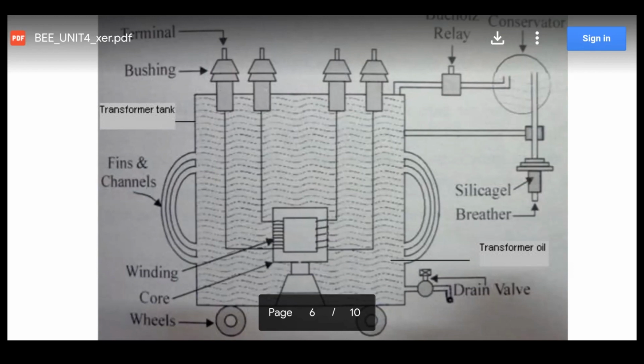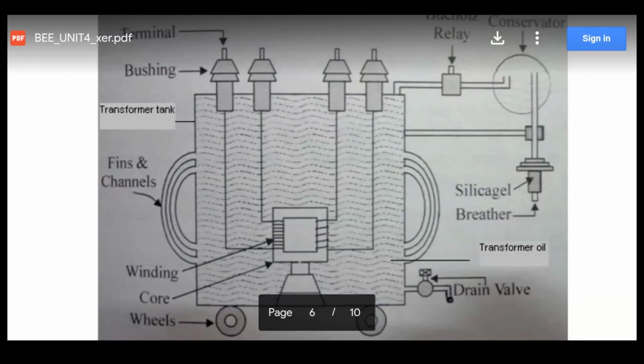Okay, and any liquid, when it gets heated up, becomes light, and when it becomes light, it rises. And the cool transformer oil which is in the top portion of the transformer tank, being heavy, comes down. So this process is known as convection.